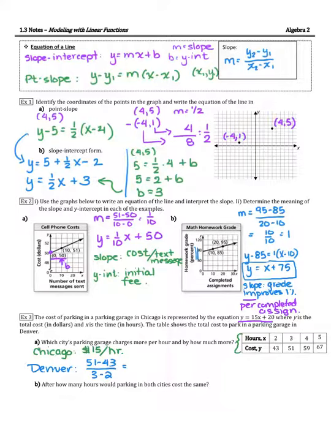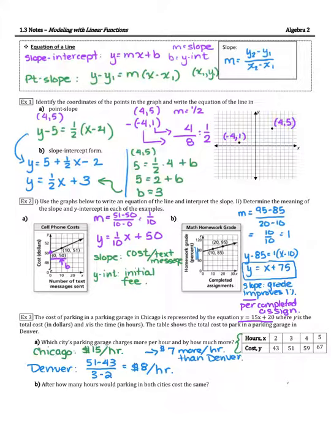And so that is going to give us $8 per hour. Okay, so Chicago is more expensive on the hourly rate by $7. So Chicago is $7 more per hour than Denver. Kind of makes sense, a bigger city, although Denver's not a small city either.